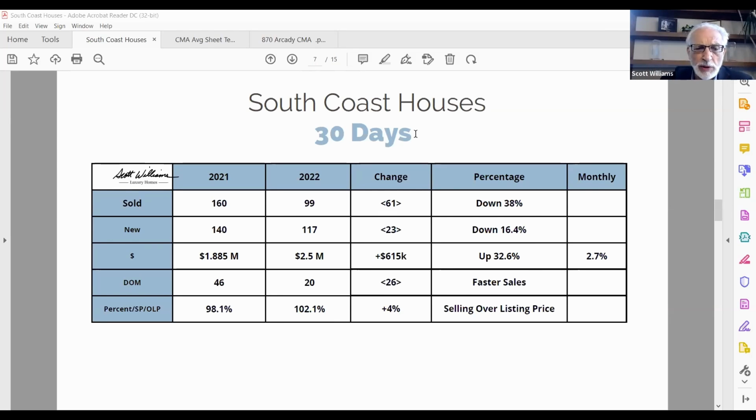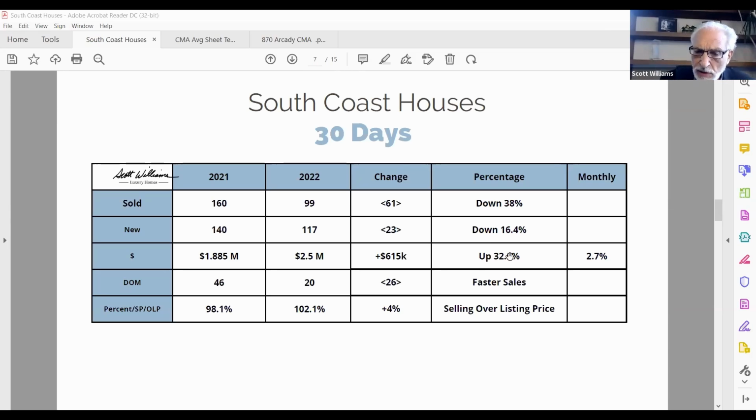So here we can see that we're down almost 40% in the number of sales in the last 30 days compared to the same 30 days. This is basically the month of April a year ago. New listings are down. The price, however, is up 32%, but we're only comparing a 30-day period to a 30-day period last year.